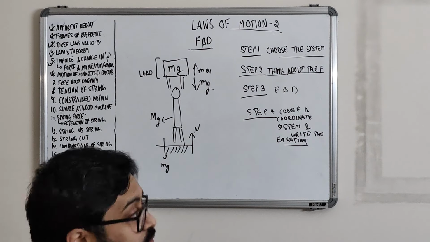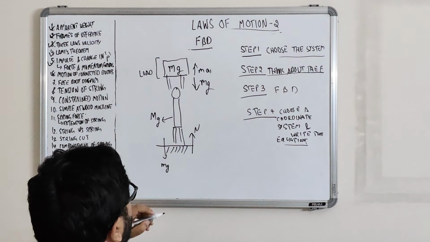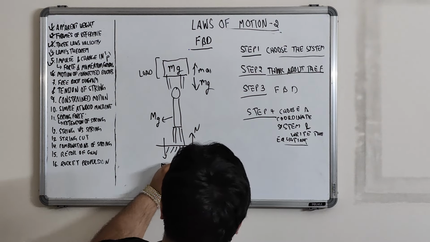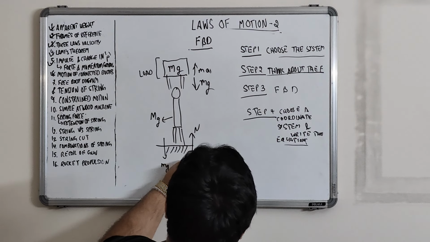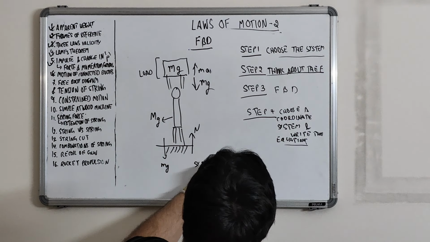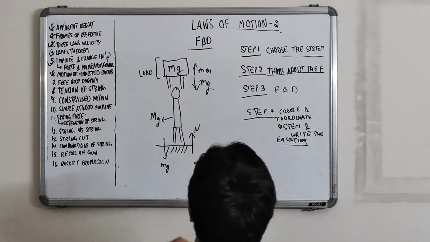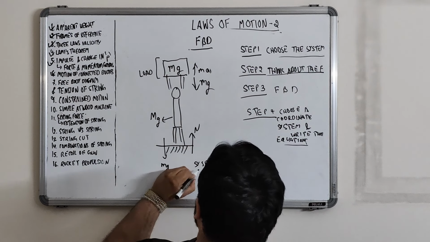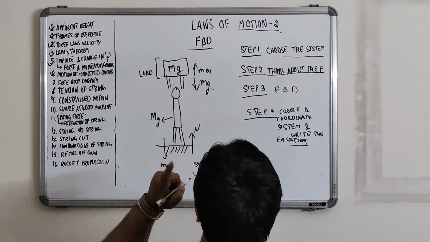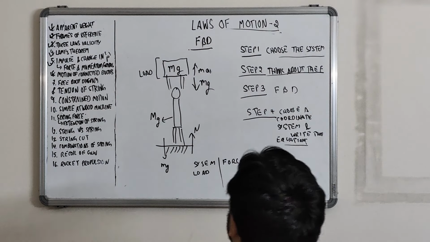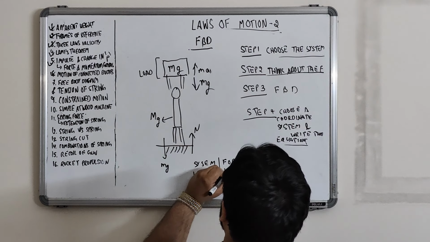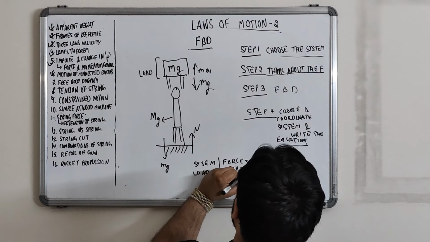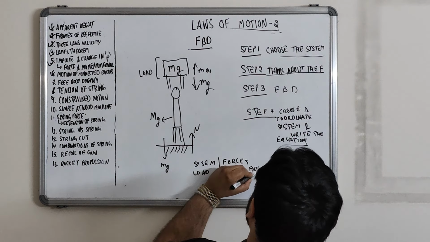These are the forces on the load system. So let's write this down: system, load, and forces. Very simple, right? For the load, you have two forces: the weight and the force by the boy.